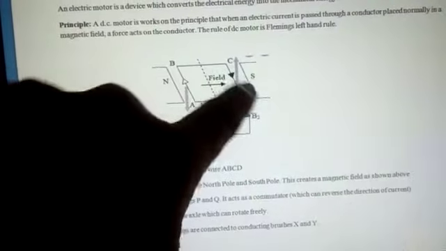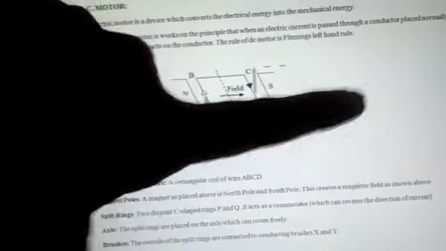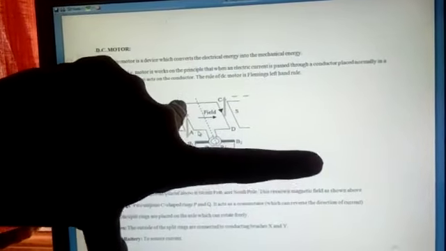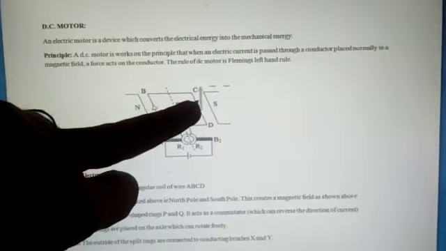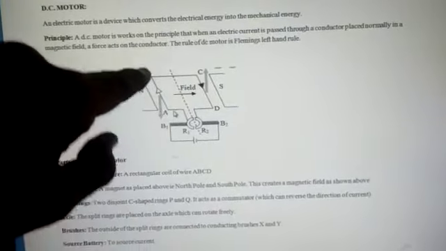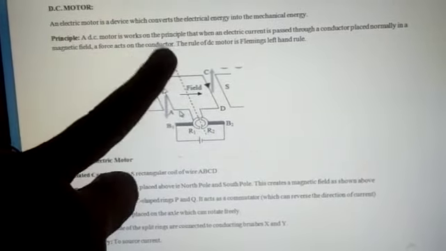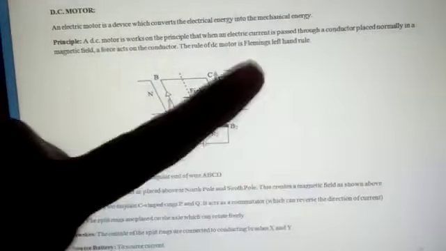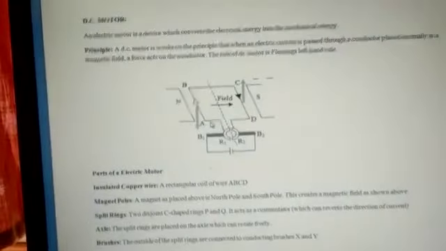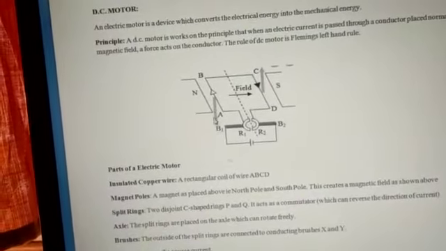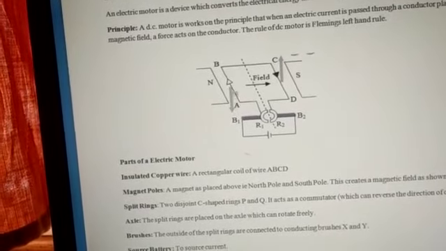The middle finger shows the direction of the current, and the forefinger shows the direction of the magnetic field. What happens is the force is applied downwards, as the arrow mark shows.